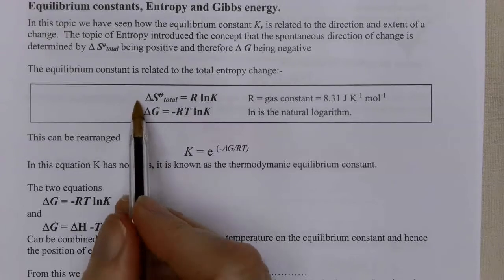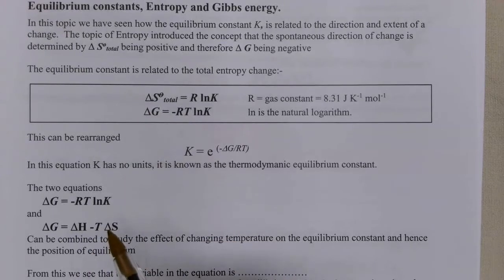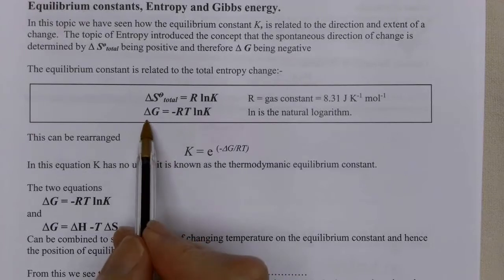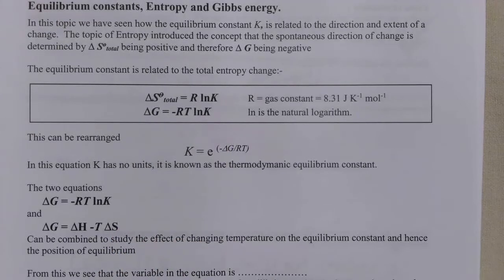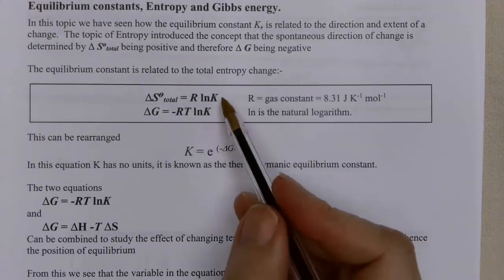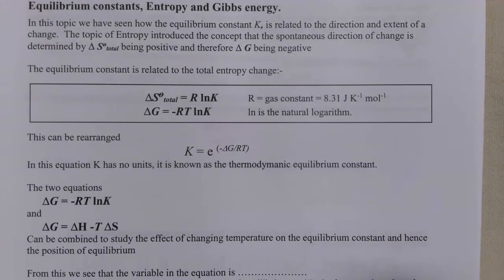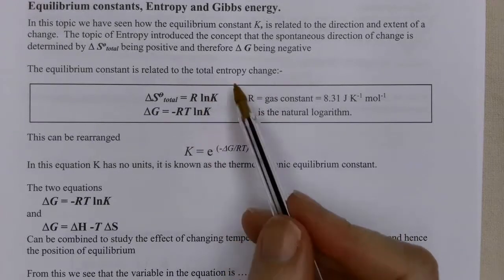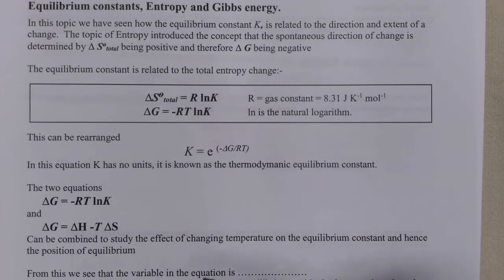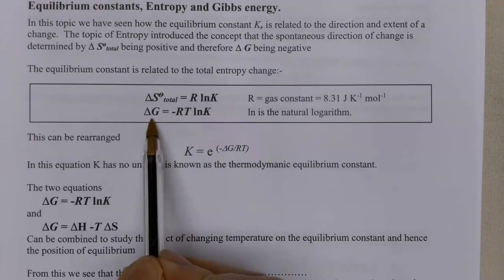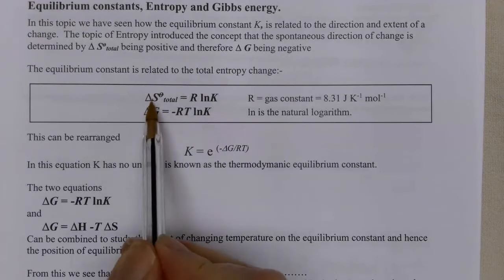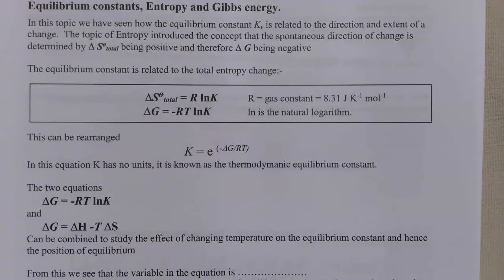Delta G is obviously related to our delta S because it's minus T times delta S. So again, delta G has a relationship to this equilibrium constant K. Now in this case, K is known as the thermodynamic equilibrium constant and has no units. It's slightly different from Kc and Kp, but there is a relationship between that equilibrium constant and the value for the Gibbs energy and for the total entropy.